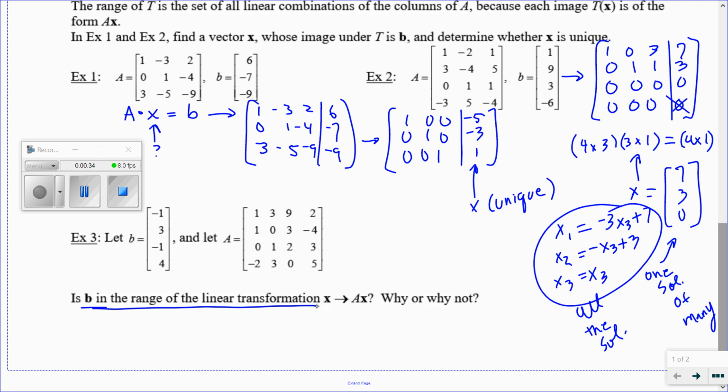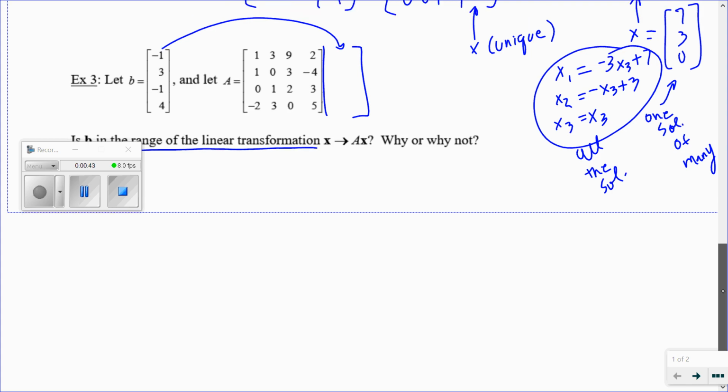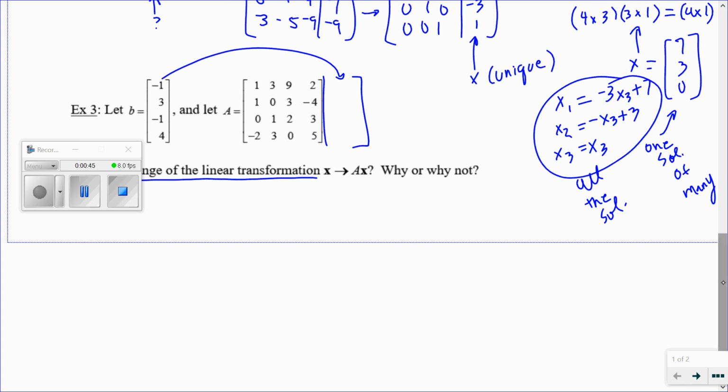So you're going to take B and put it over there as an augmentation. And then I'm going to write the answer down here. You ref it. So when you ref it, you get this matrix here. You get 1, 0, 3, 0. The column over there, you get a 0.